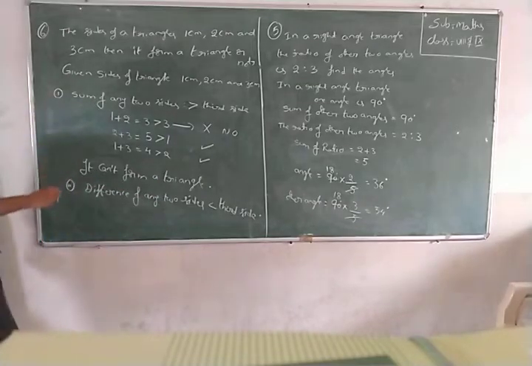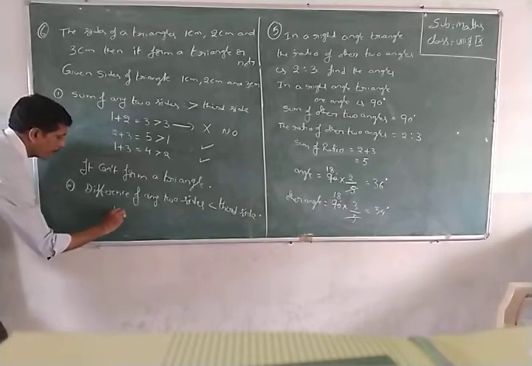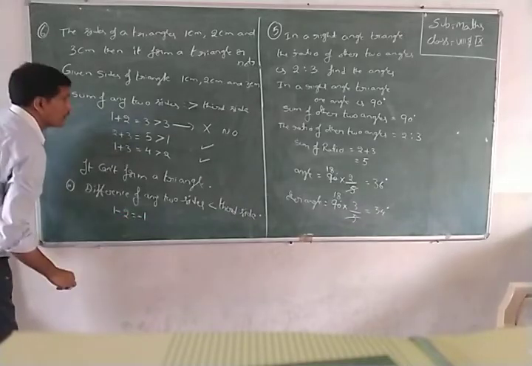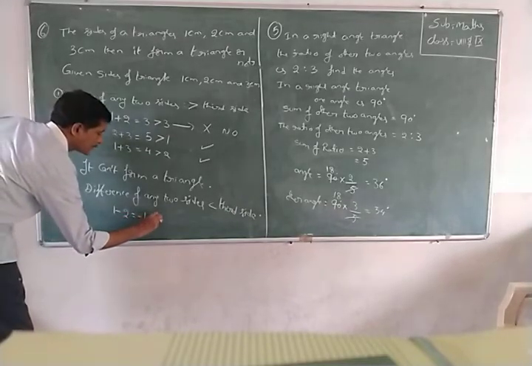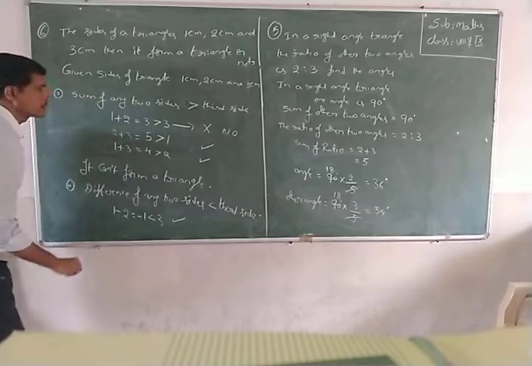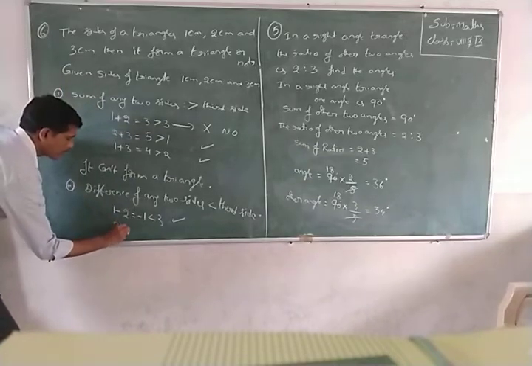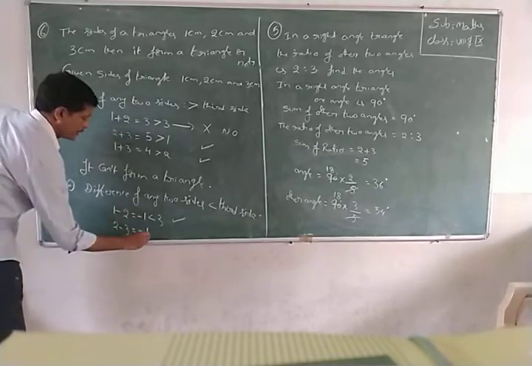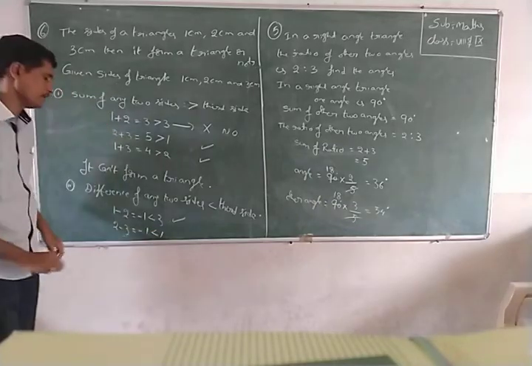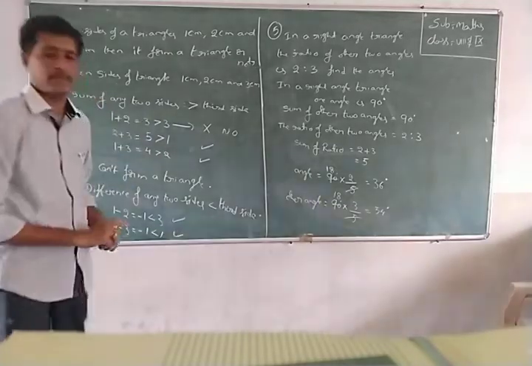Here, difference means, suppose 1 minus 2 equals minus 1, and minus 1 is less than 3, so the condition is okay. Next, 2 minus 3 or 3 minus 2, that is less than 1, which is also okay.